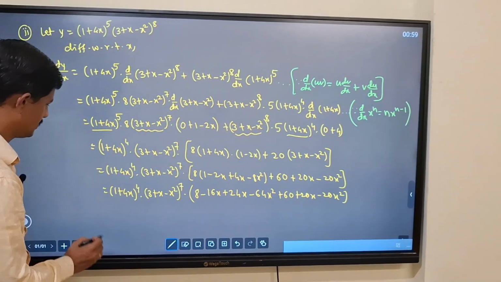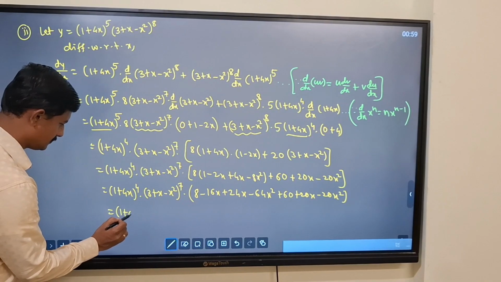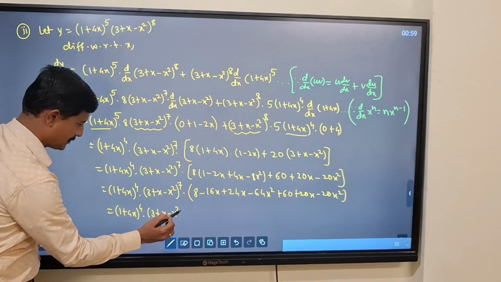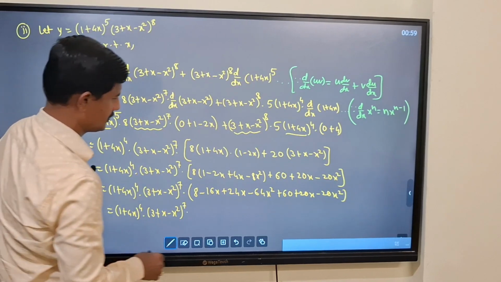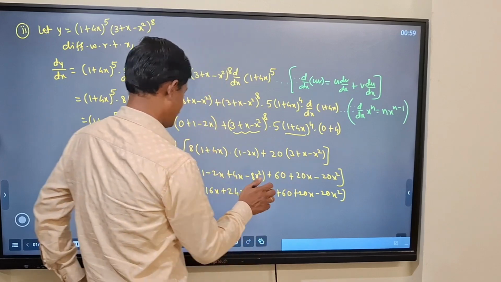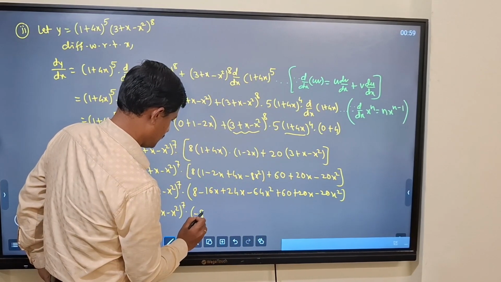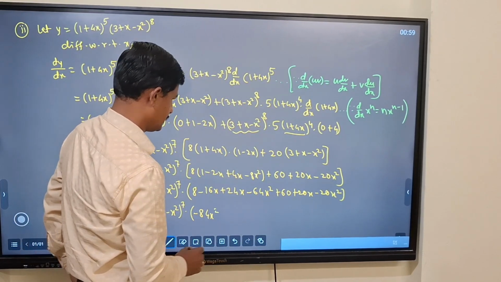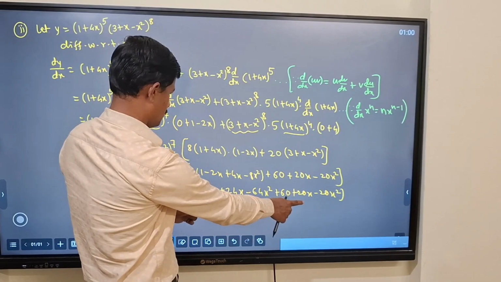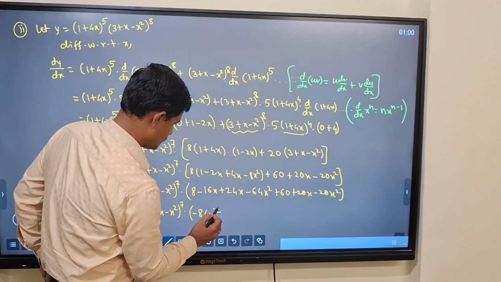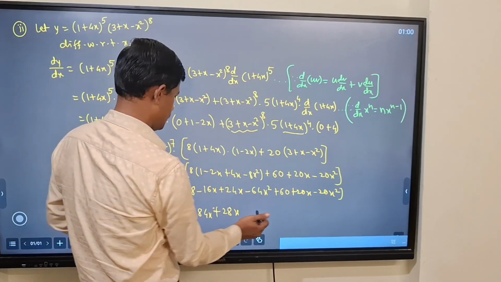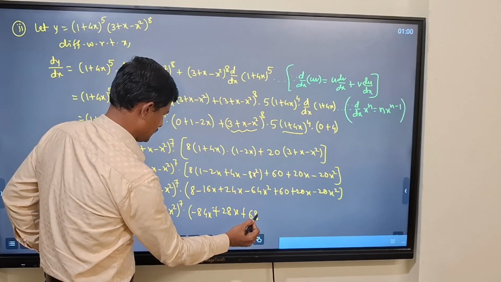Okay, now (1 + 4x)⁴ into (3 + x − x²)⁷. Here square terms, this is minus 84x². Now 20 minus 16 is 4x, 4 plus 24x is 28x, and that 60 plus 8 becomes 68.